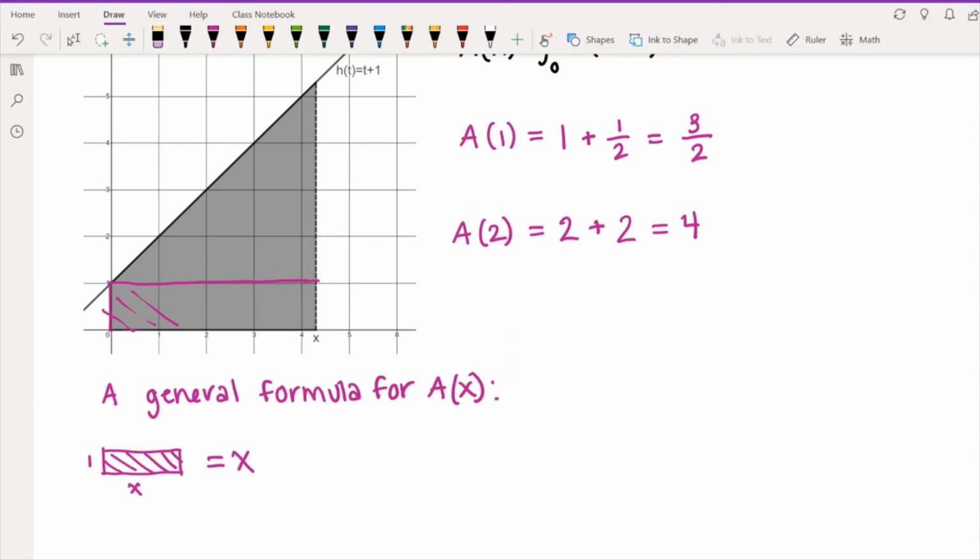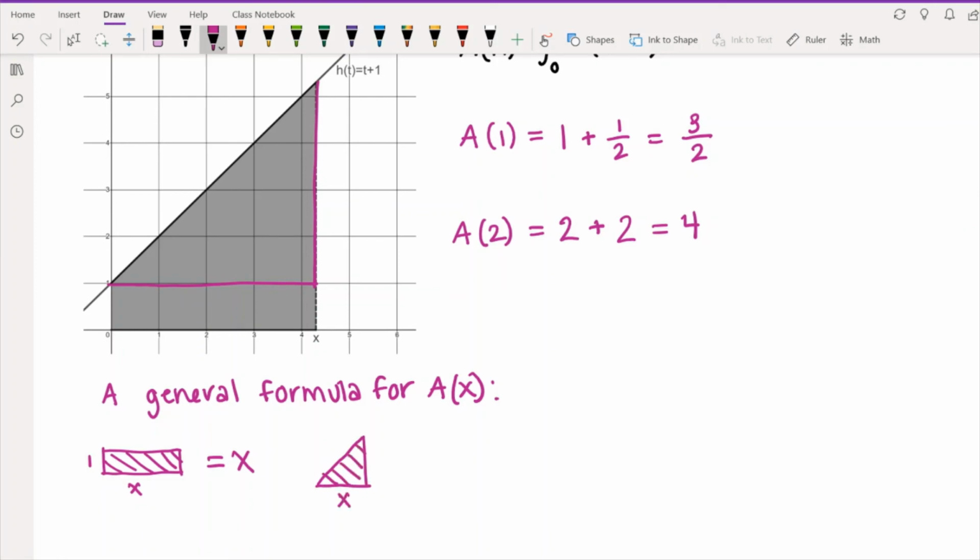And then what about this triangular part? So this is the slightly trickier part. If we look at this triangle, we need to figure out what the base and the height are, and then we can divide that by 2. So the base is again going to be equal to x, right?